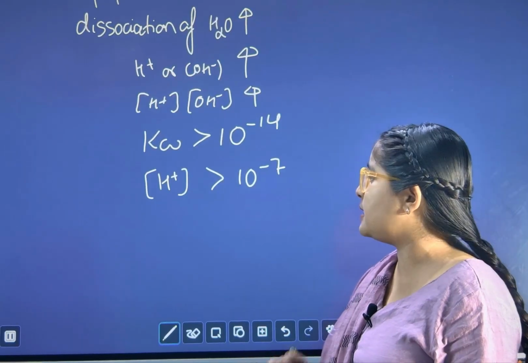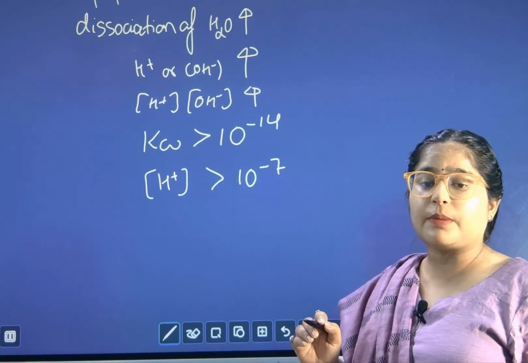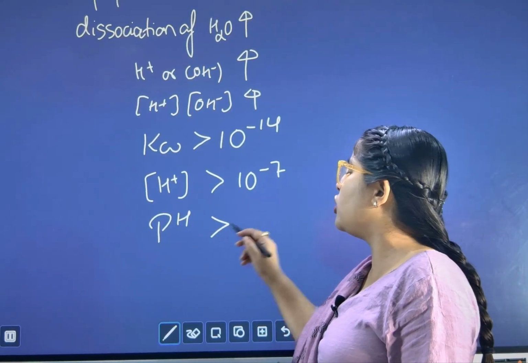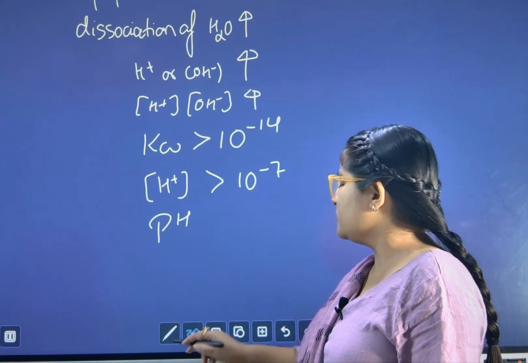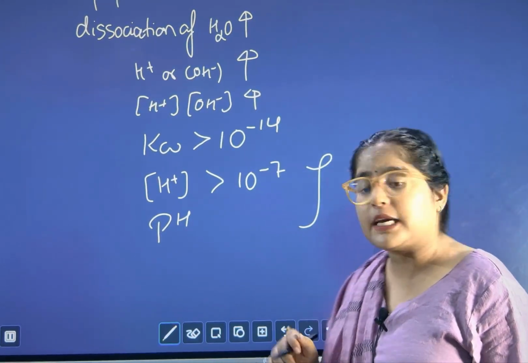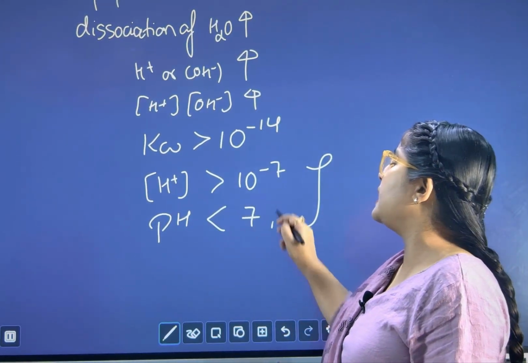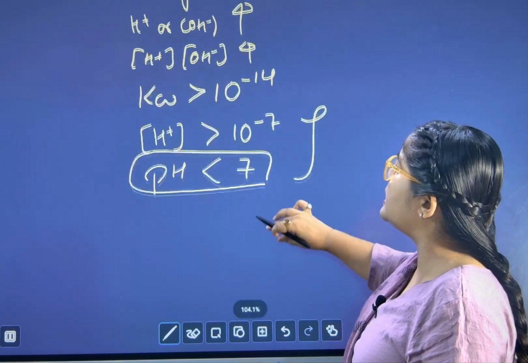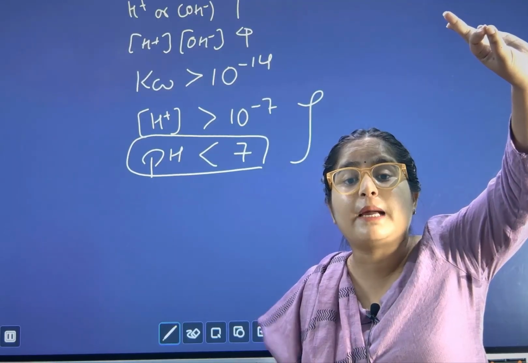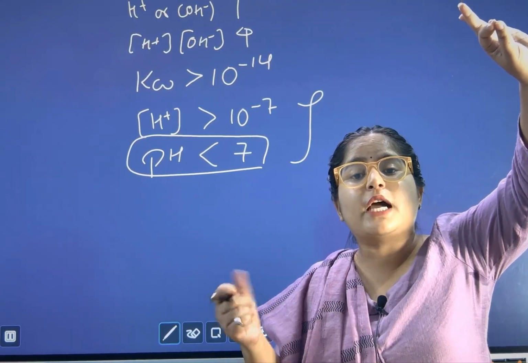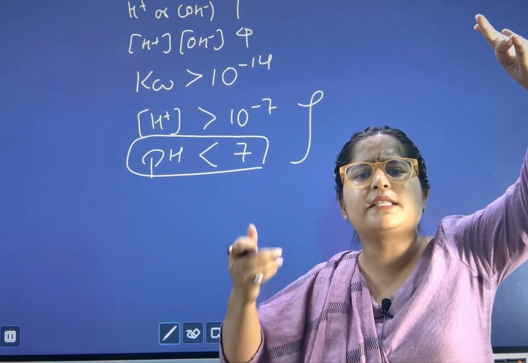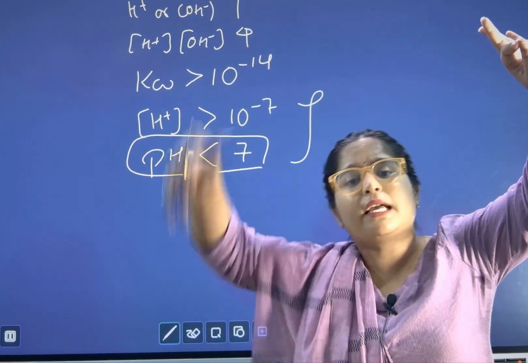When H+ is more than 10 to the power minus 7, we know from simple basic math that pH will become less than 7. Now you tell me, whenever I am increasing temperature, dissociation increases, H+ increases, OH- increases, Kw increases, and pH will decrease.